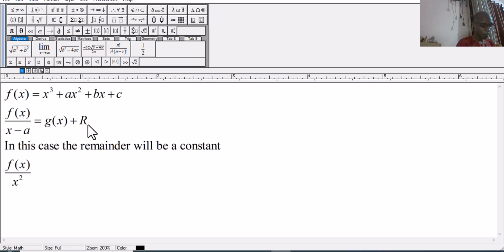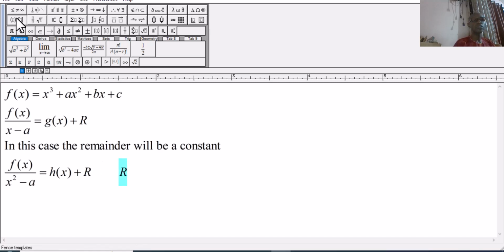So now let's imagine we are given something like f of x divided by x squared minus a. Now let's say it gives us h of x as the quotient, then a remainder. Now this remainder will be a degree less than x squared.